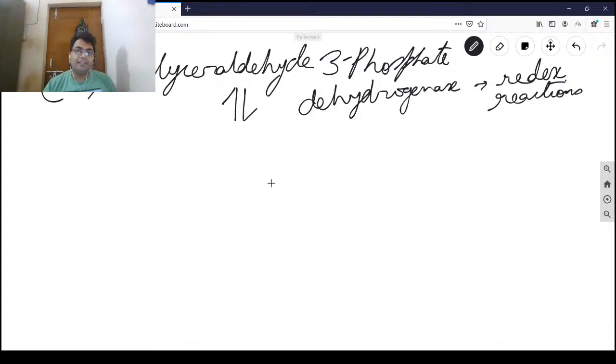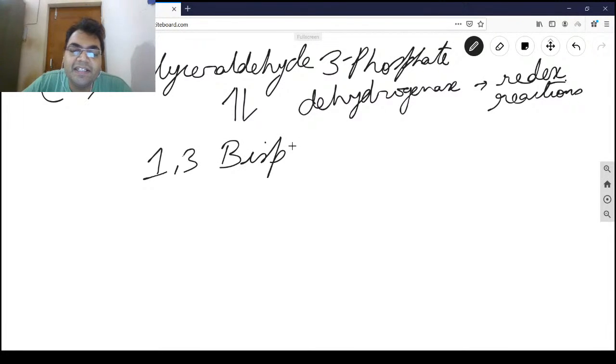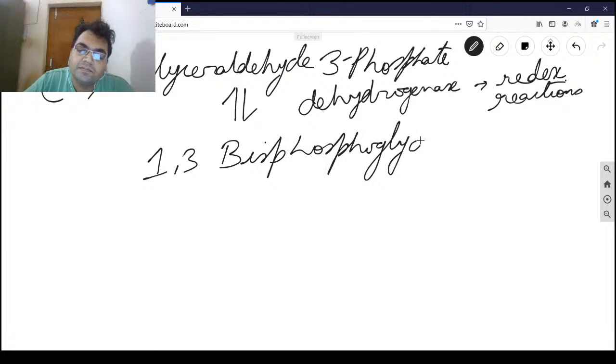When you anabolize something, meaning you are creating something, you have to reduce. So here, this is the first oxidation step. So glyceraldehyde 3-phosphate will be oxidized to become 1,3-bisphosphoglycerate.